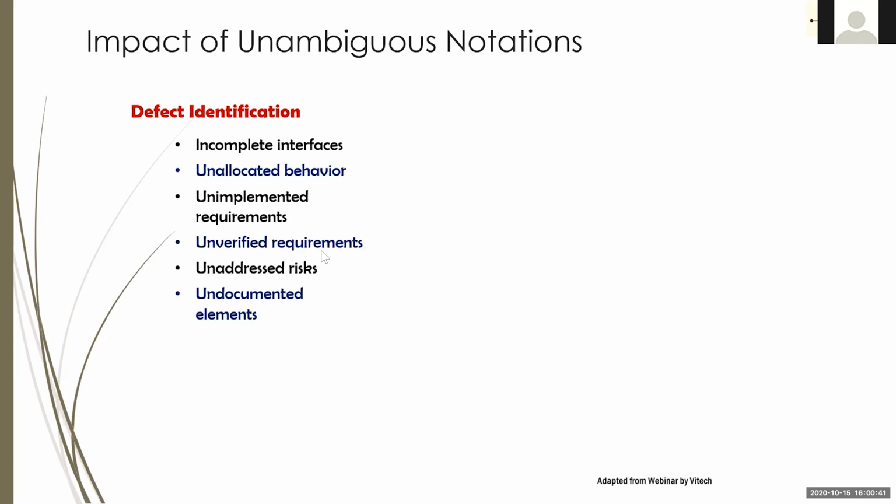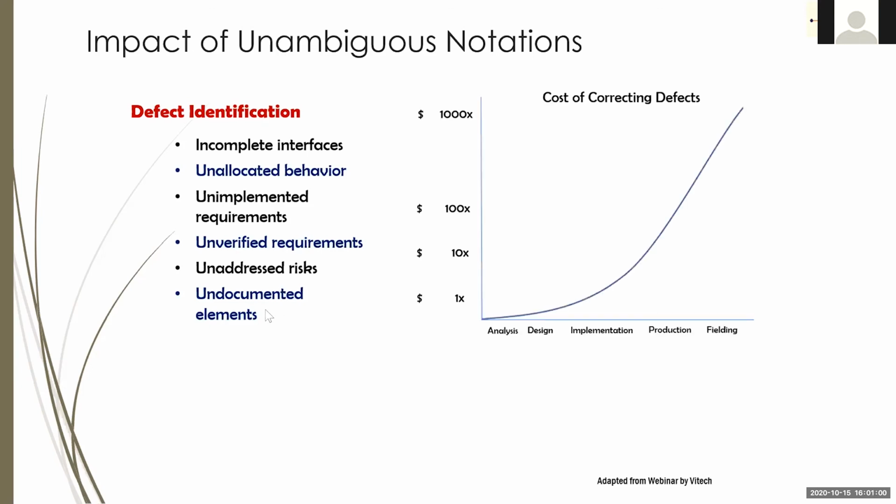Now, we may also have requirements that cannot be verifiable, and we can catch it by the type of words that we are using or some things that are missing, okay? And we can also have some parts that have not been documented, and we can identify them. Now, why is it important to identify those defects? On the right, you have a graph that on the x-axis moves through the development cycle: analysis, design, implementation, production, and fielding.